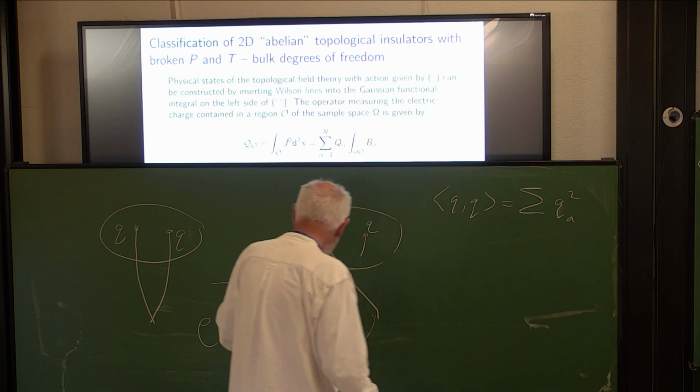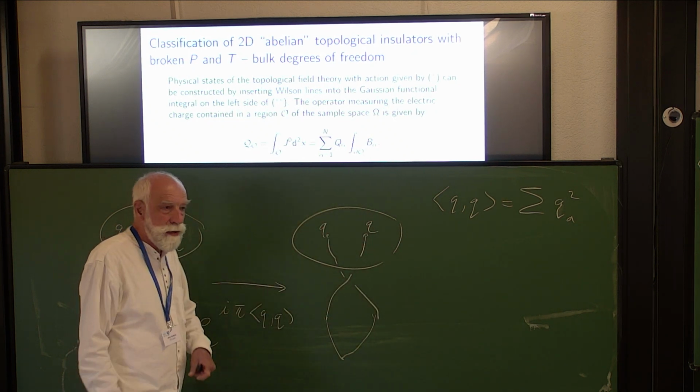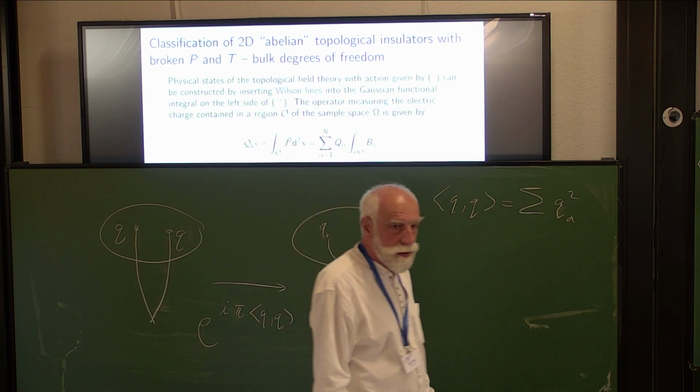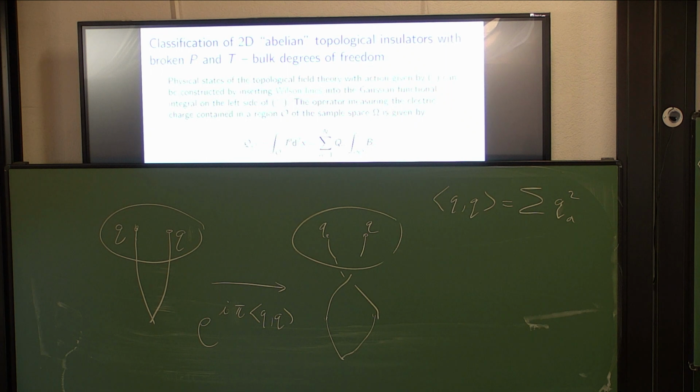So if I have a fermion, this should be an odd integer, and if it's a boson, it should be an even integer. All right? And so, if the charge is an odd integer, it should be fermionic. If it's an even integer, it should be bosonic.